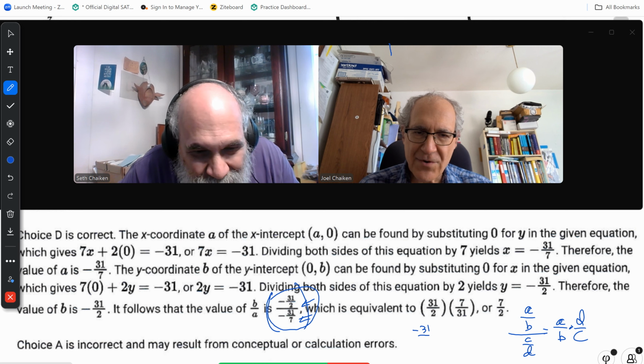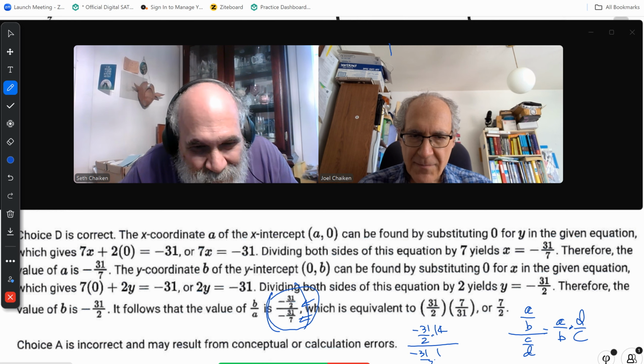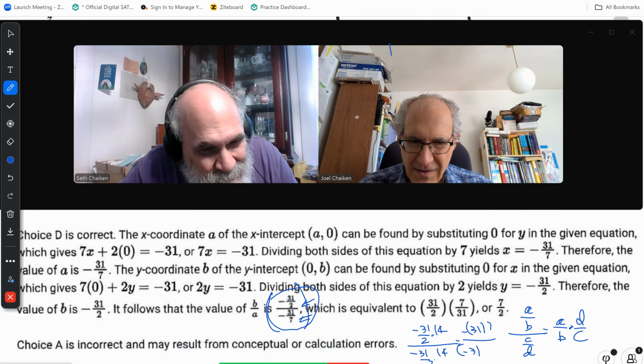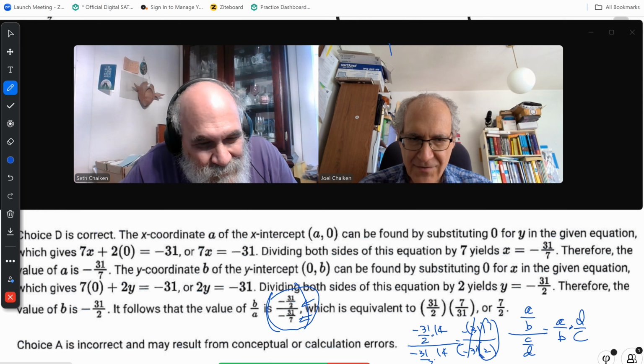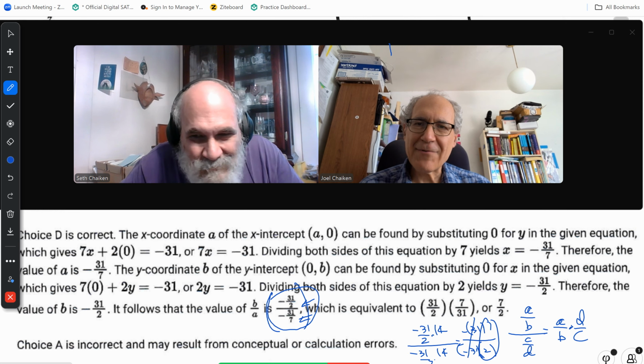So it's negative 31 over 2 times 14 divided by negative 31 over 7 times 14. So this is negative 31 times 7, and this is negative 31 times 2, and the negative 31s cancel, and you have 7 over 2. You never learned it that way, right?